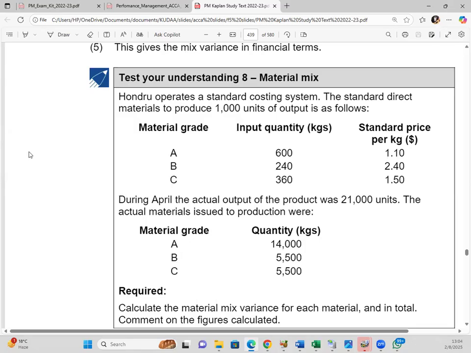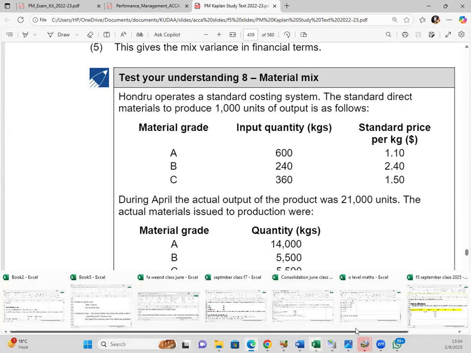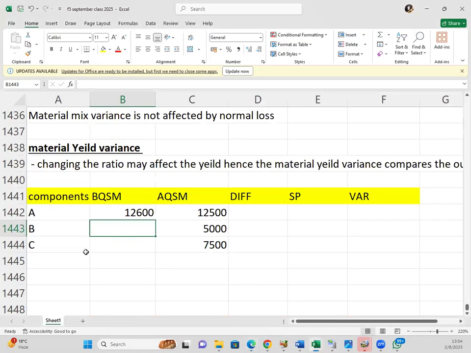I'm sure you're done for B and C. Let's go and slot in the amounts. So for B, 5,040. For C, 7,560. The rest is the same.